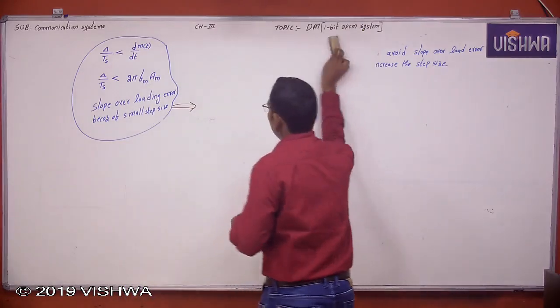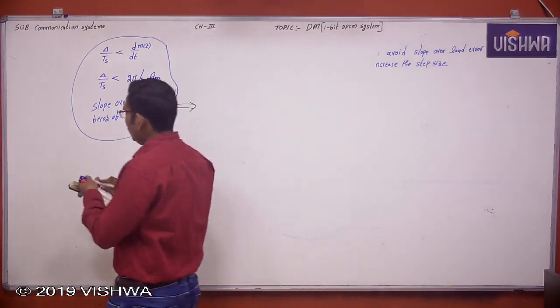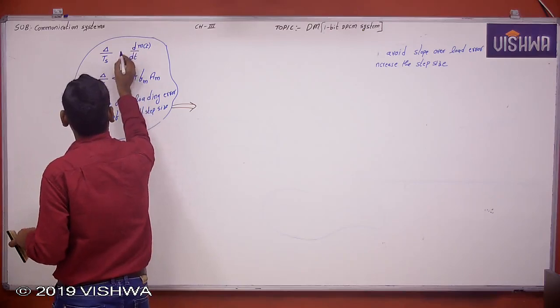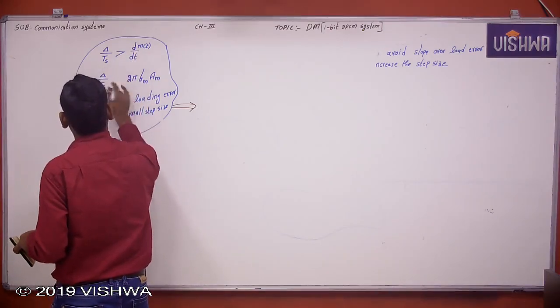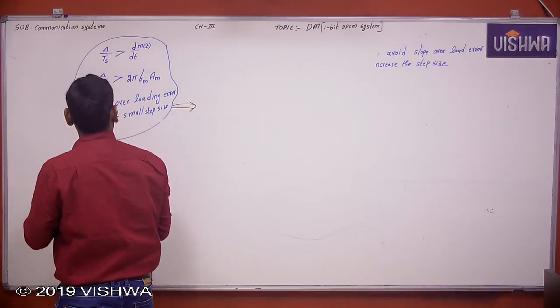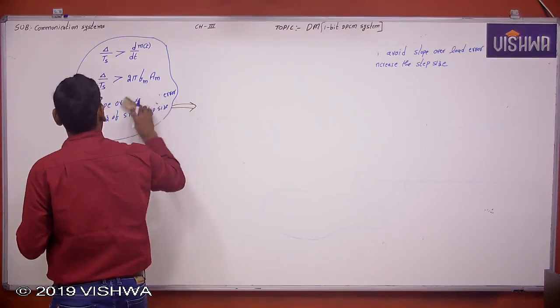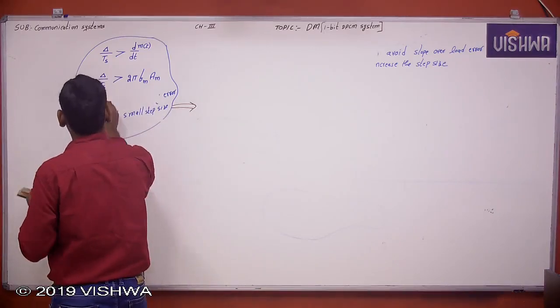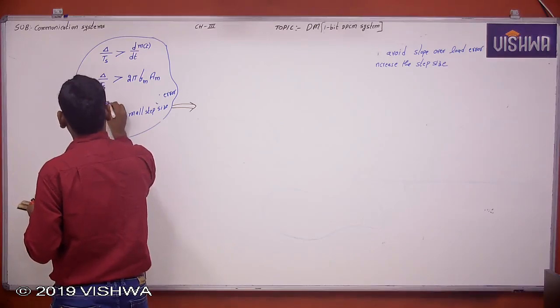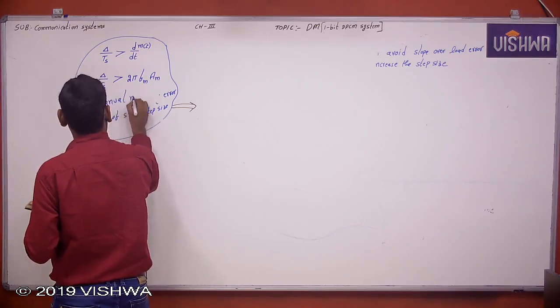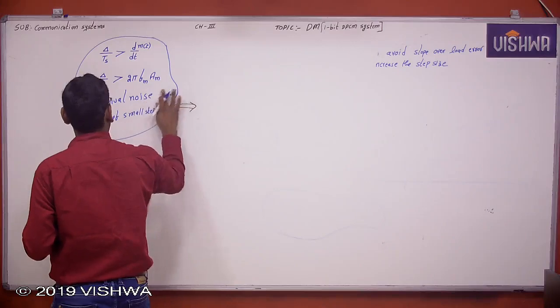Situation is different. Now the reconstructed signal slope is greater than the original message signal. Then again error will occur. This error is called granular noise error, granular noise distortion.